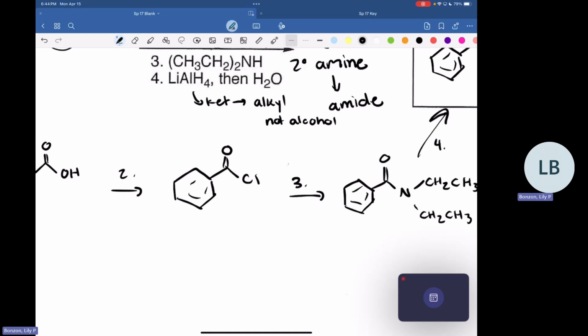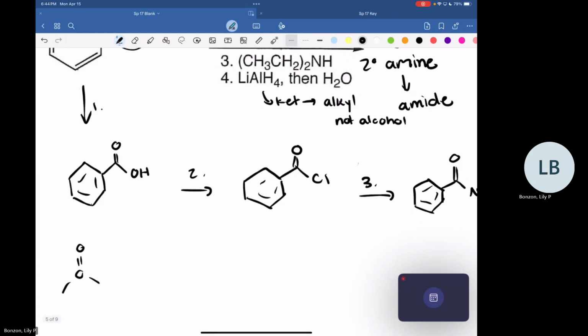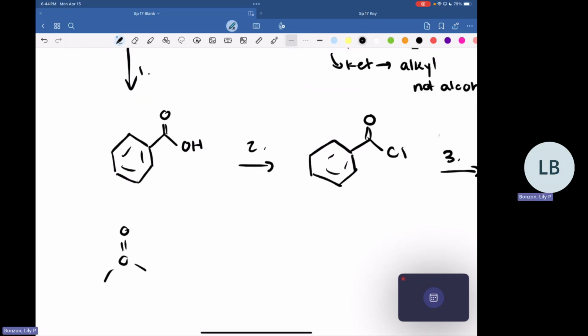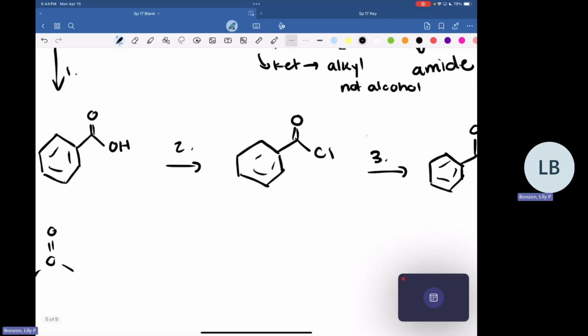Basically, the nitrogen will attack the carbonyl carbon, and then the chlorine kind of gets kicked out. So, yeah. A similar question: the enamine is not formed because this one is an acyl chloride and not just a regular ketone.